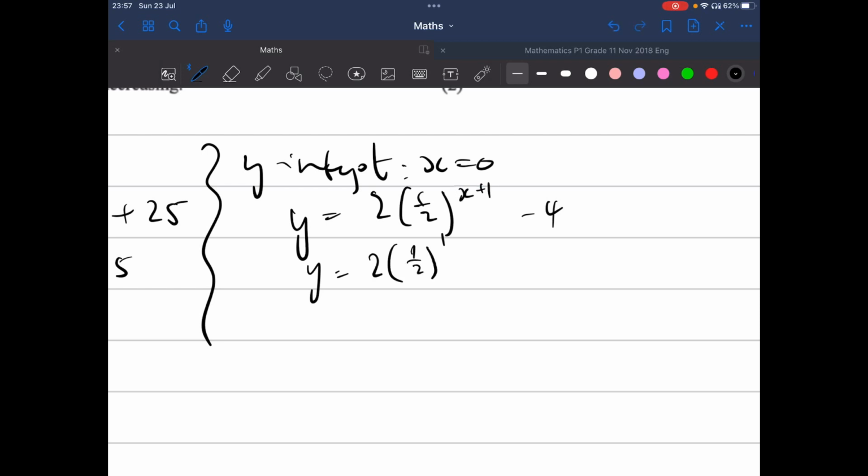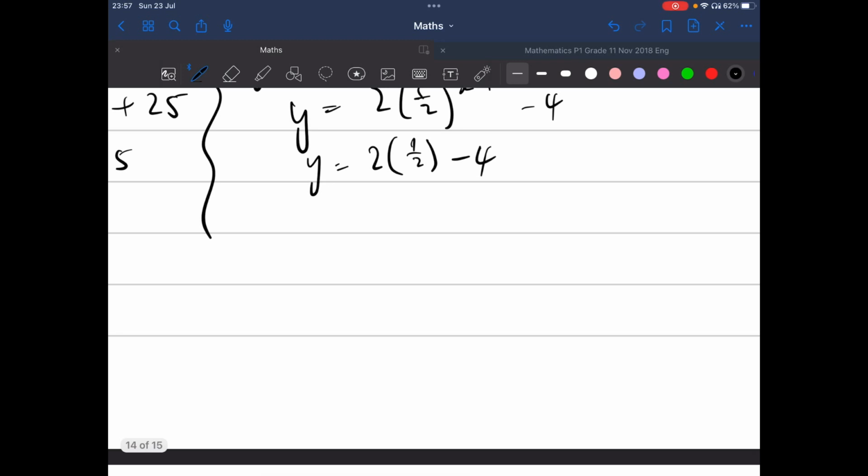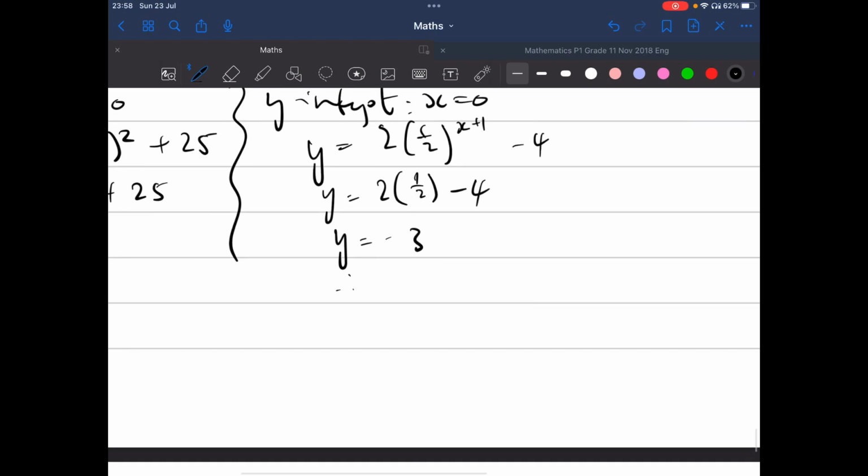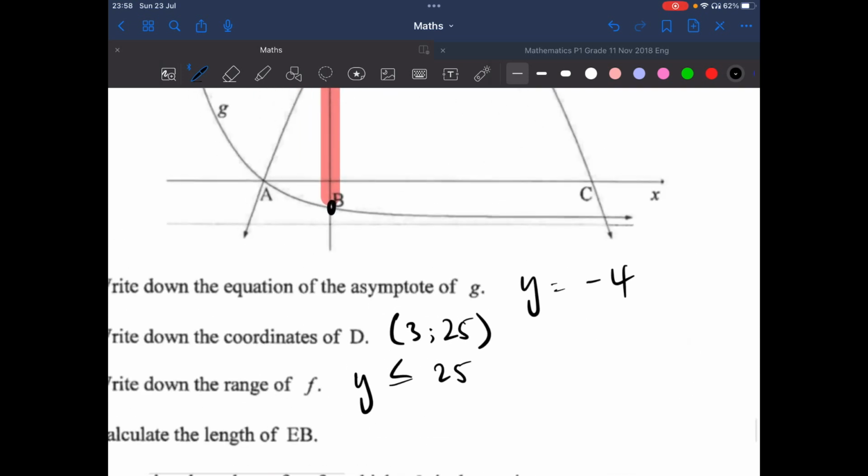So 0 plus 1 is just 1, and you can take the 1 away because it's the same thing. So 2 times a half is 1, and 1 minus 4 is minus 3. So therefore B is at (0, -3). And again that makes sense because it's above our minus 4 line here.